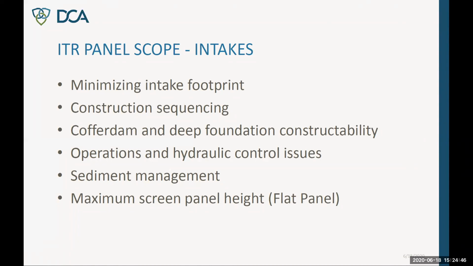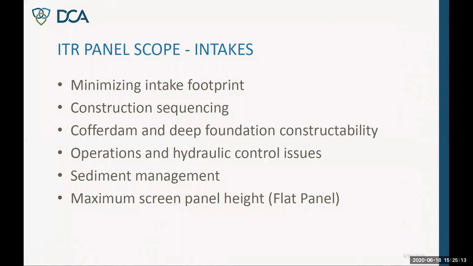And then one very specific thing, because it relates directly to the size of the intakes in the river, was their comment on where we thought we should cut off the maximum height of the vertical flat plate panels, because there's a trade-off between the ability to effectively clean and manage them and that height. So we talked to them about that.